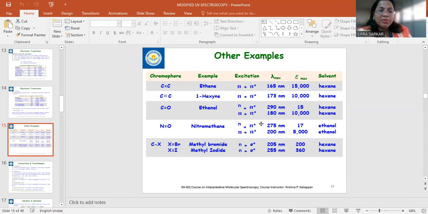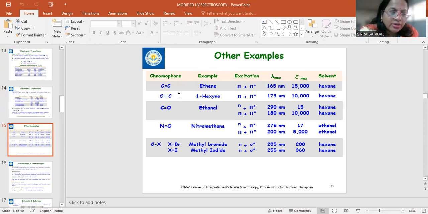For the C double bond C, that is ethene, the excitation is pi to pi star with a maximum wavelength of 160, and the solvent is hexane.